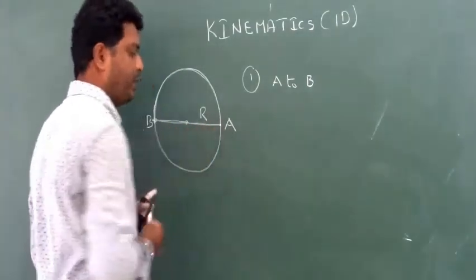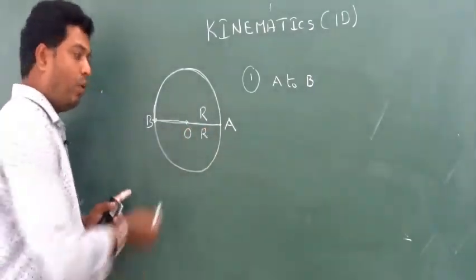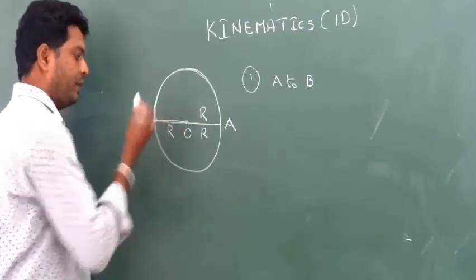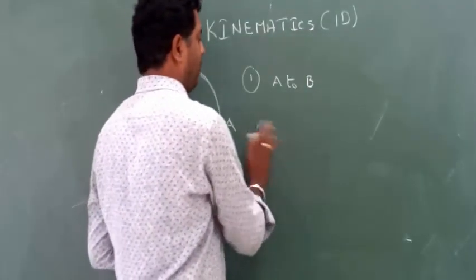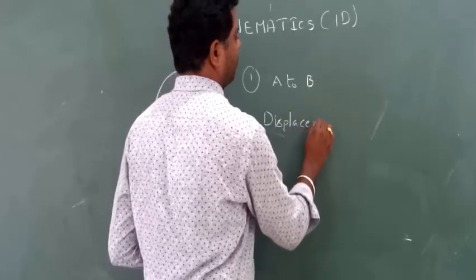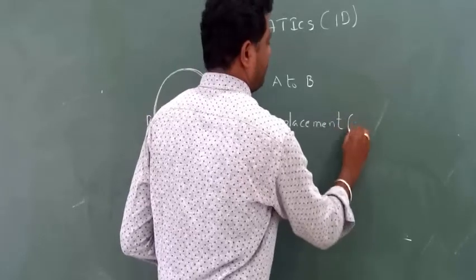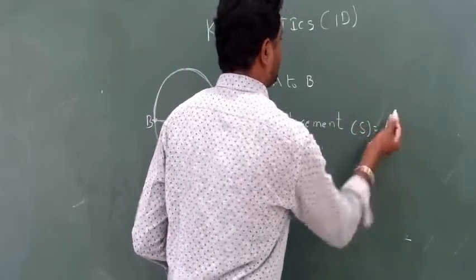This is the line segment joining them. From A to O is the radius. O to B is also the radius. So AB is the displacement. Displacement S is equal to AB.